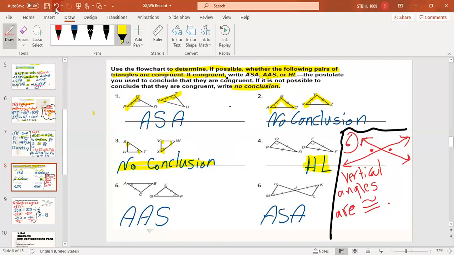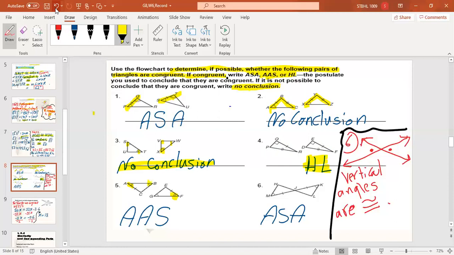About number 5, is triangle ABC congruent to triangle FGE or not? Let's look at the given. Angle A is congruent to angle F. Both of them have 2 arcs.